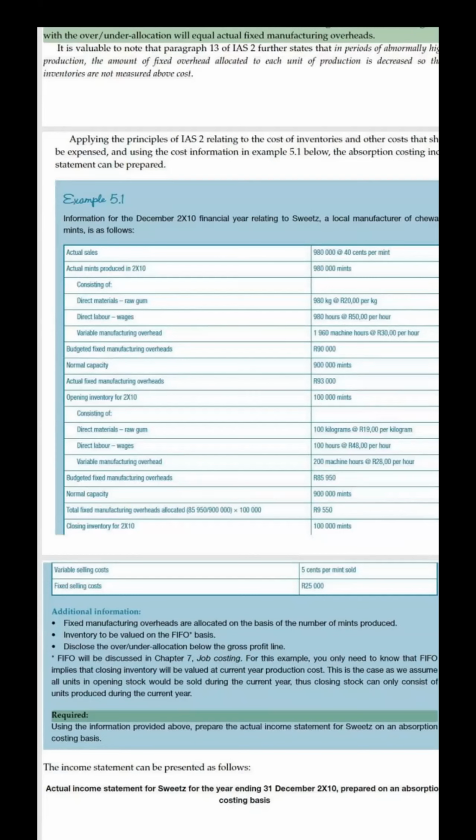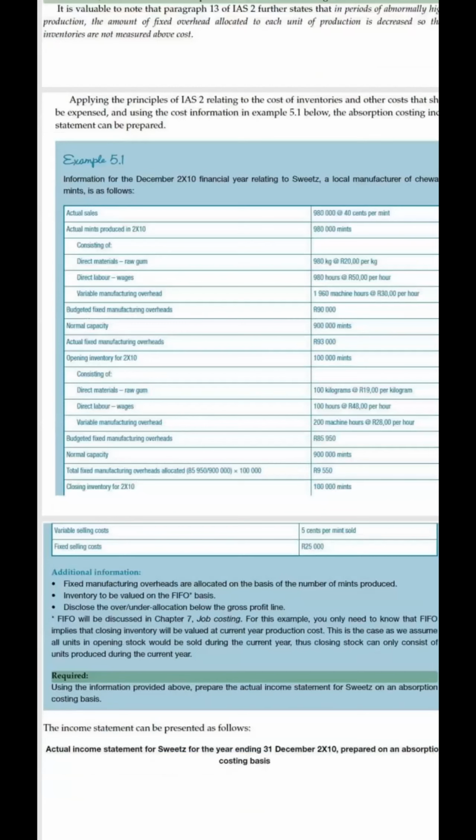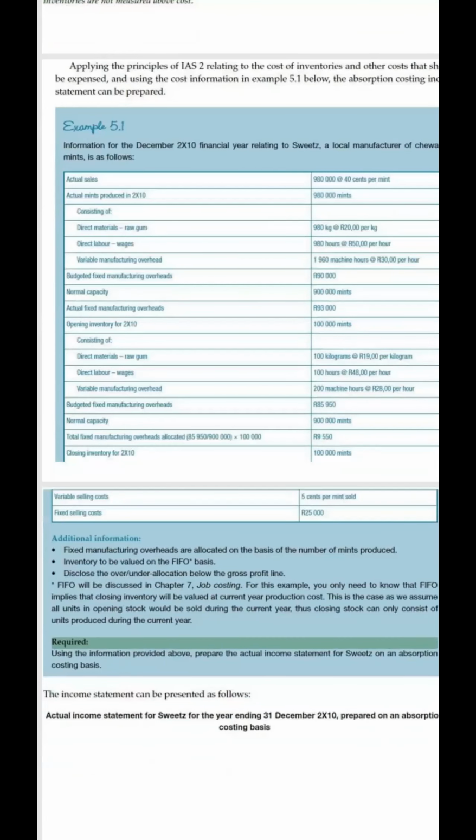Again, remember, when we are talking of product costs, we are talking about manufacturing costs. So don't talk about fixed administration costs as far as product costs are concerned. Just deal with the cost to manufacture, the fixed manufacturing costs. Those ones need to be included.